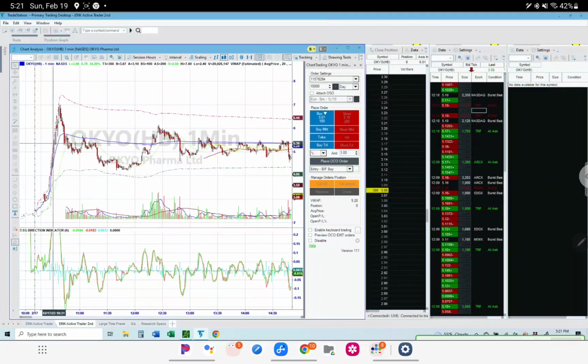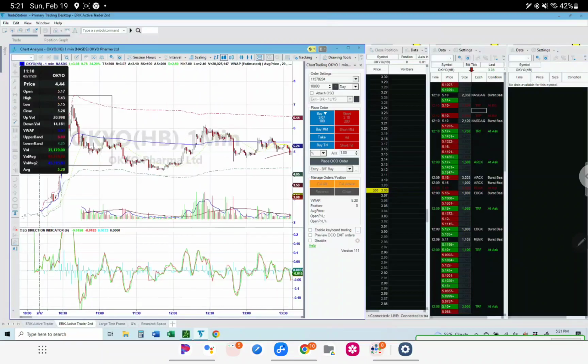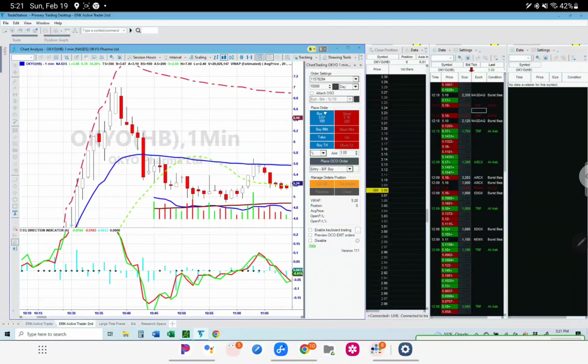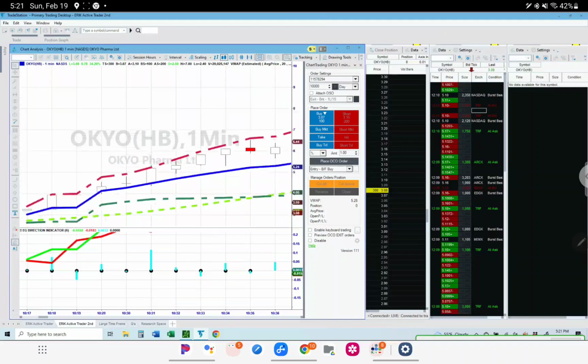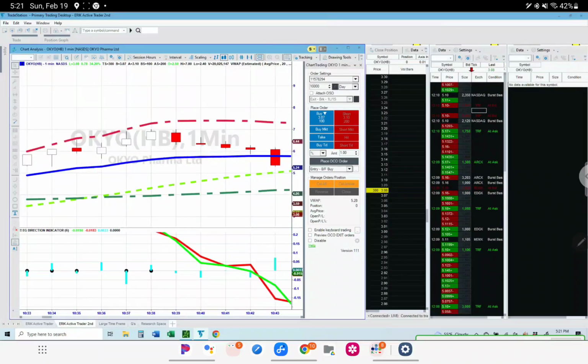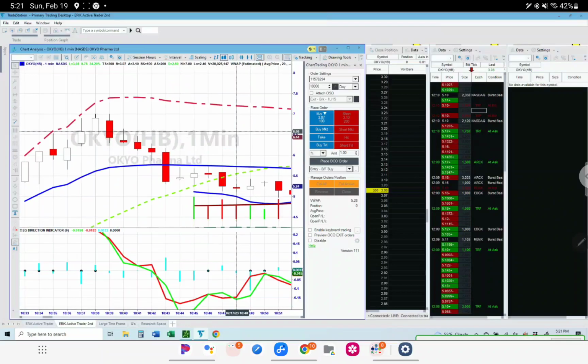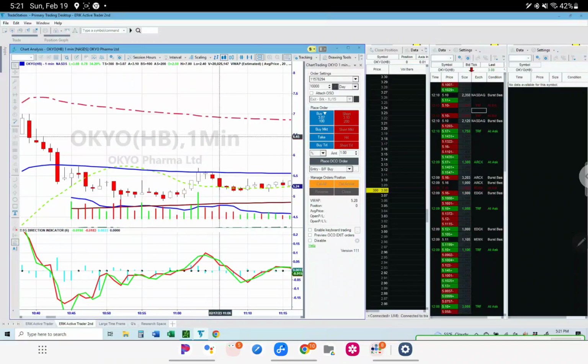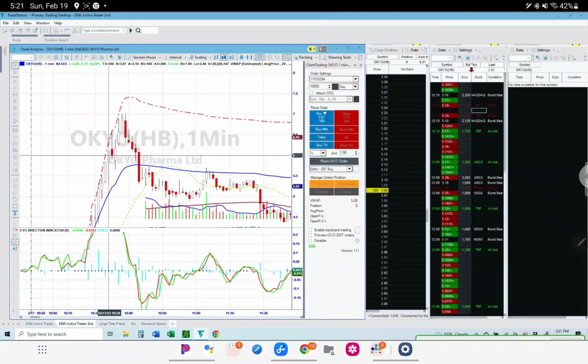So we're in the time frame of when the stock met its kind of a peak here in this time range, 1036 to 1040.